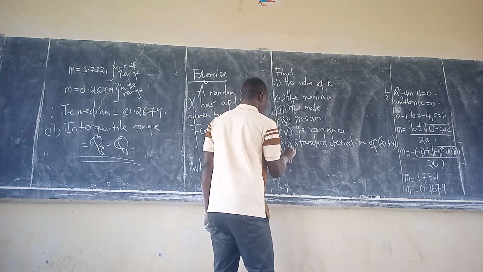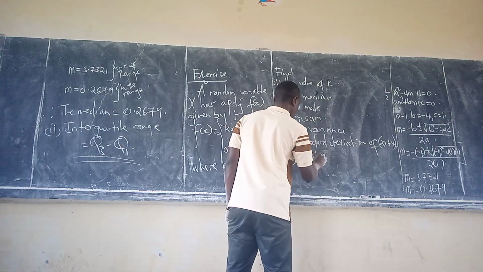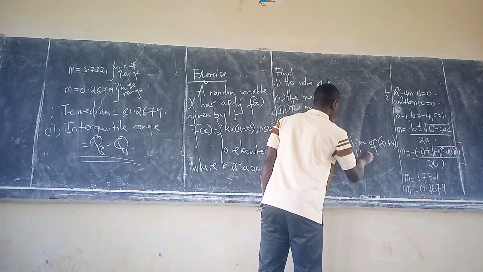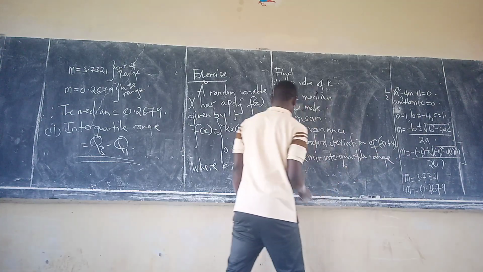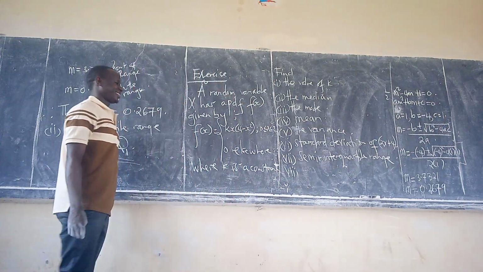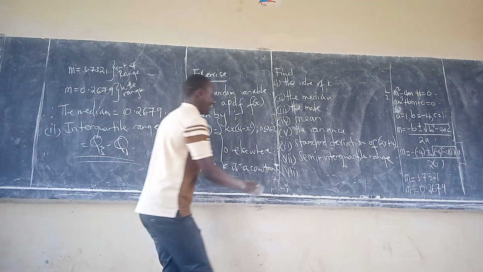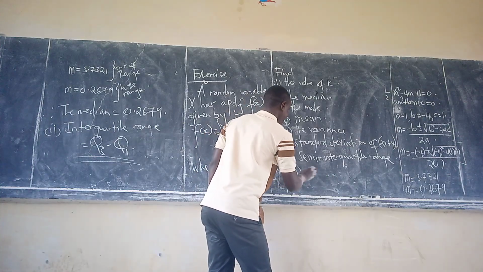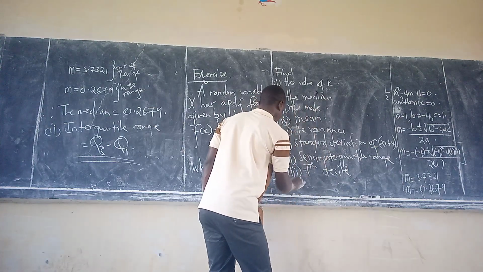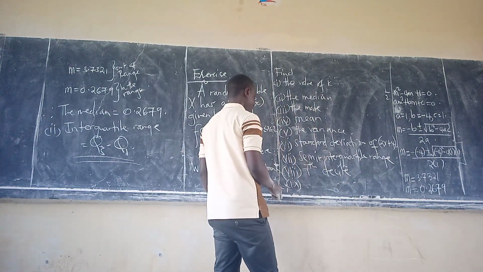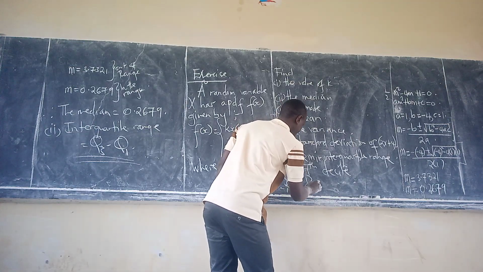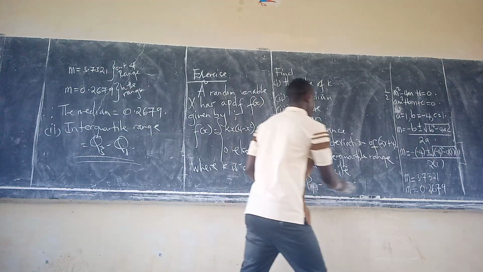Roman 7, the semi-interquartile range. Then Roman 8 is the 7th decile, and lastly, the second last is the P75.